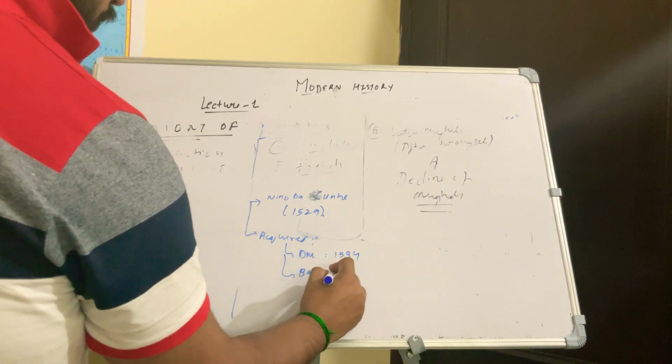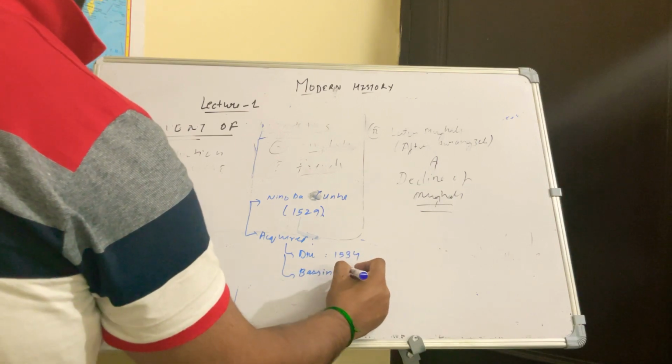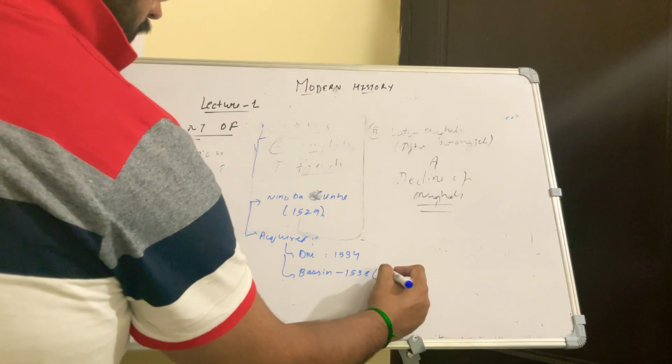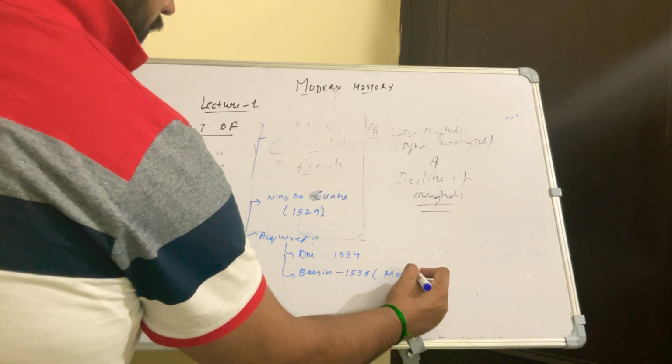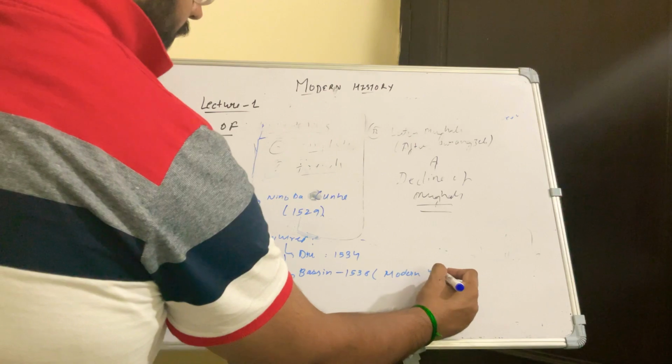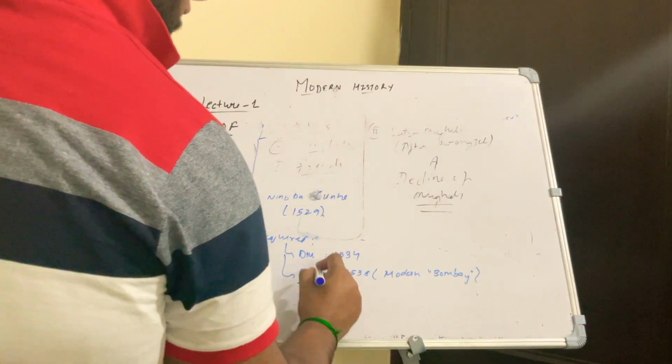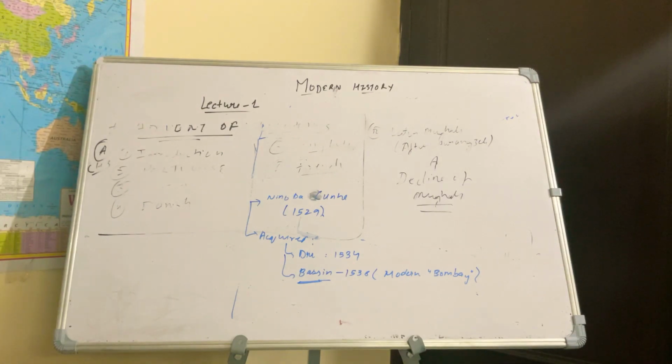I hope you know that Bassein is the traditional name of Bombay. In today's time it is called Bombay, but earlier it was named Bassein.